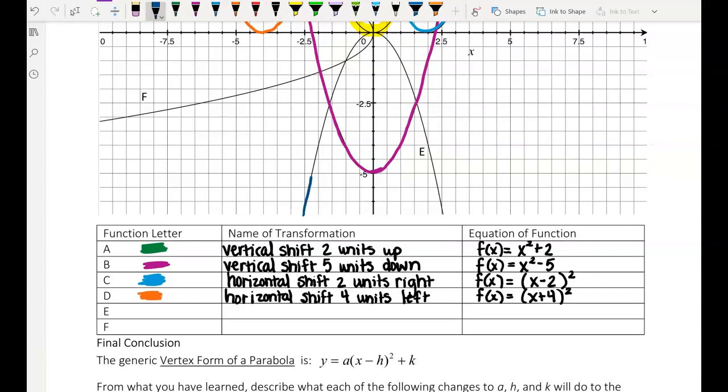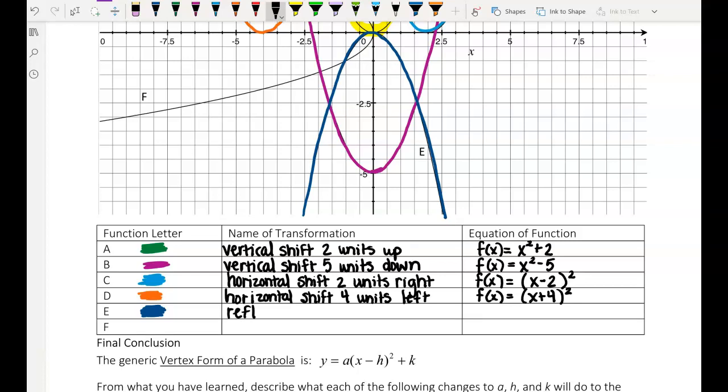Graph E, I'm going to highlight in my dark blue. What type of transformation happened to graph E? A reflection across what?